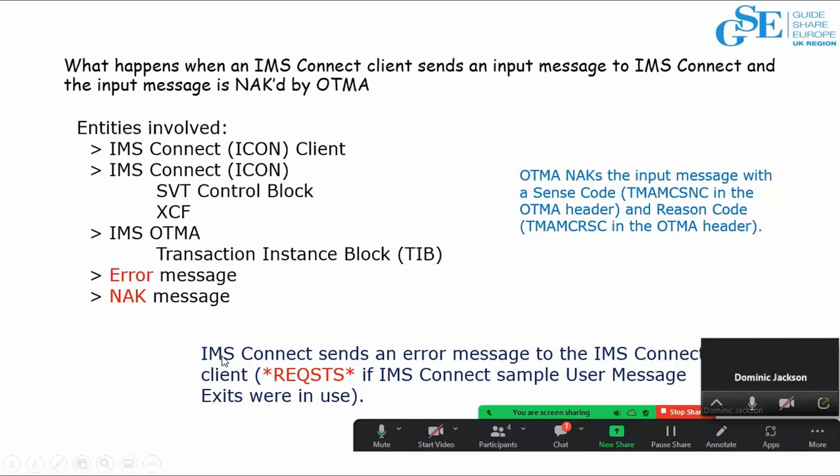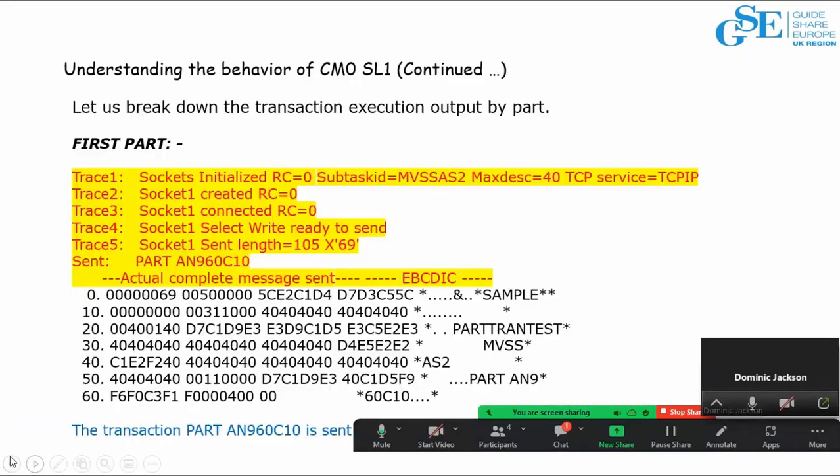Now, I was talking about how IMS Connect will send the error message to the IMS Connect client. So if IMS Connect sample user message exits are in use, you will see this REQ-STS error message. I'll show you what I mean by that.